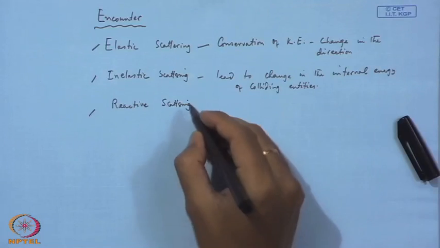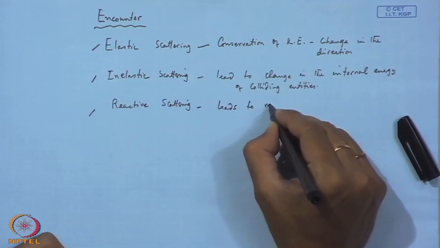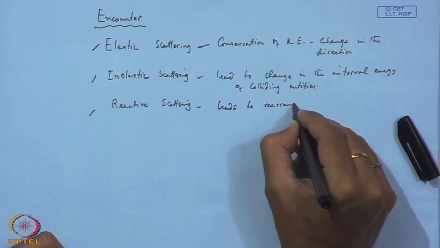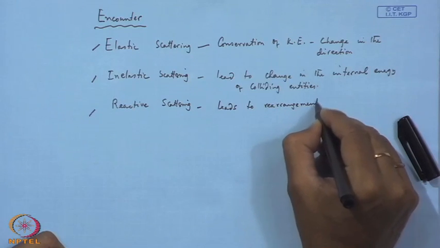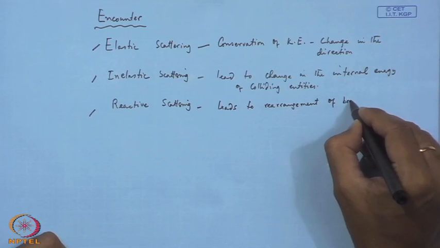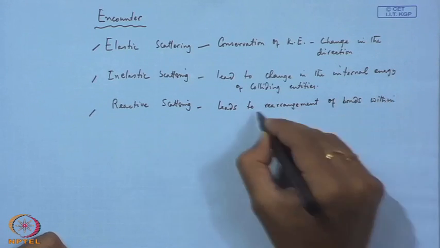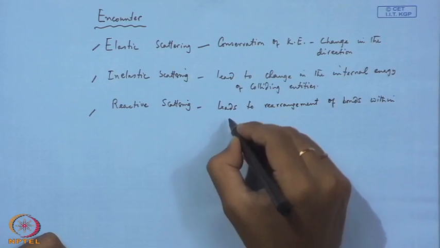And the third category is the reactive scattering, that leads to the rearrangement of bonds within reacting species.